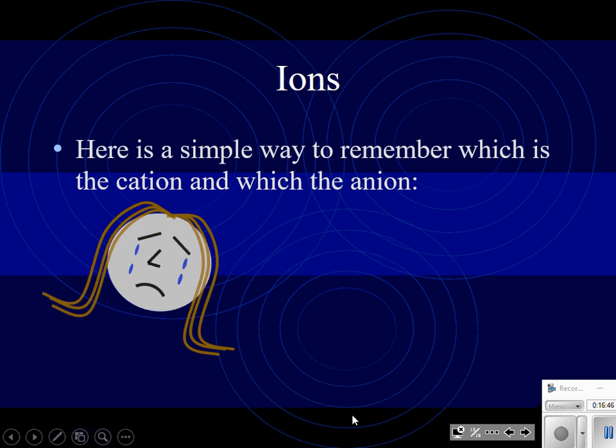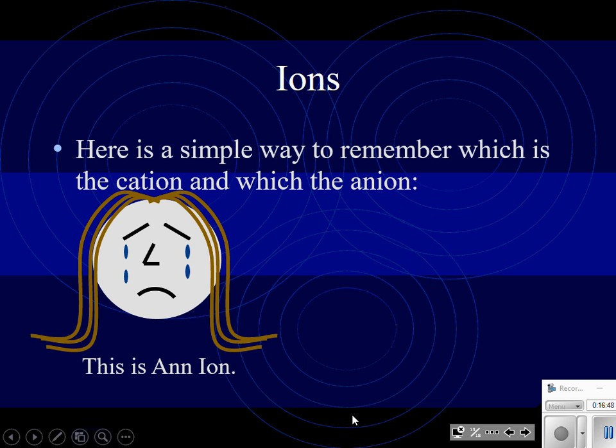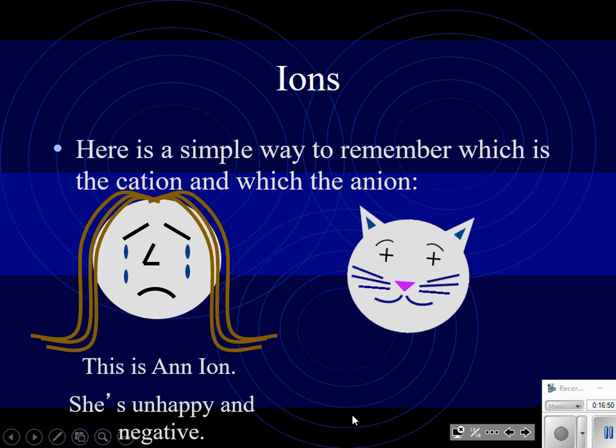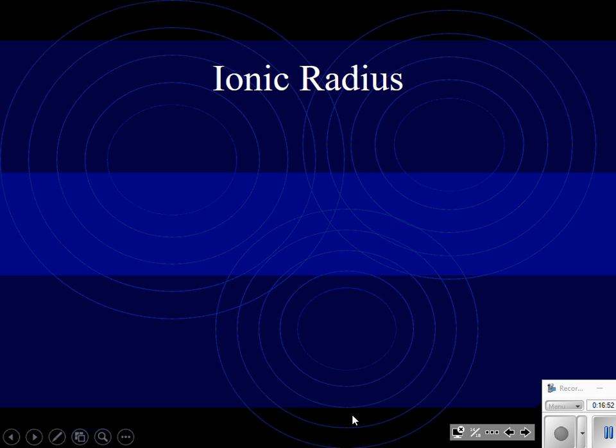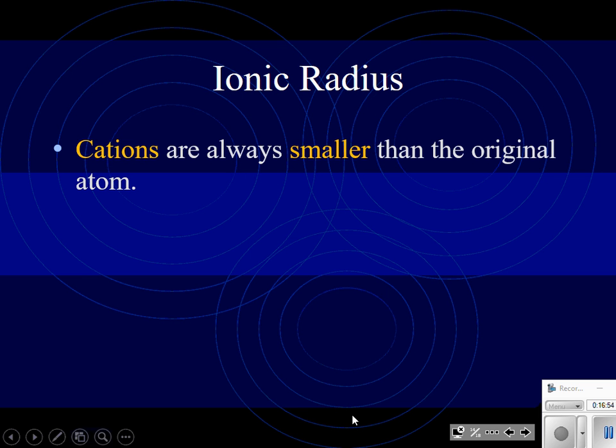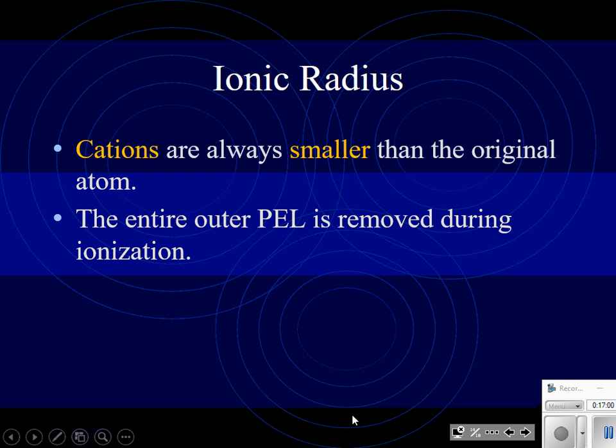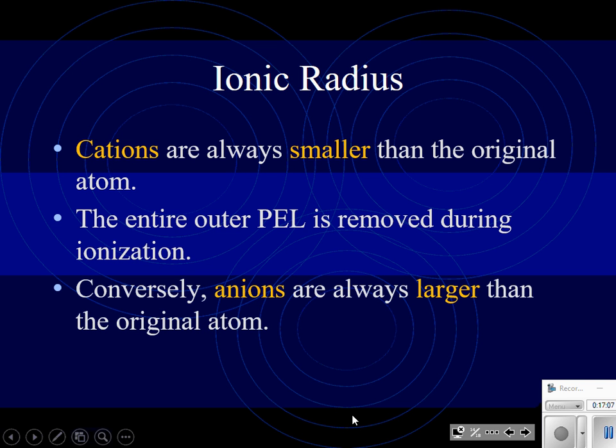We talked about the little anion and the plus cat. Remember that? Now, cations are smaller, ionic radius. Cations are smaller because they are losing an energy level. Anions are getting larger because they're getting the electrons spread out further on energy levels.